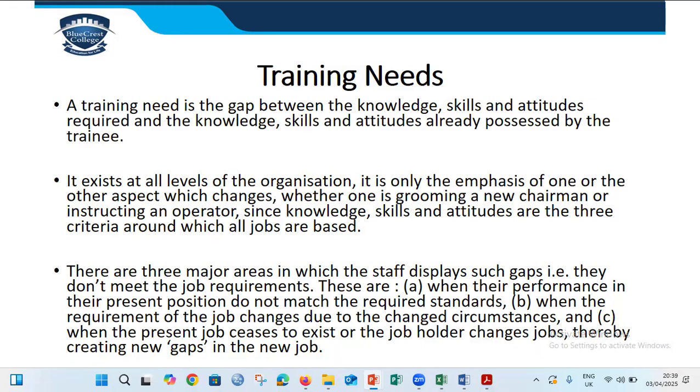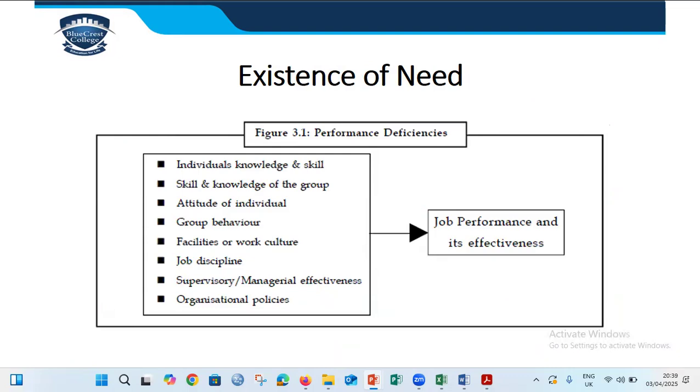So in every organization, at every time, there's likely to be a gap that has to be filled by training. And this gap is what you refer to as the training need.